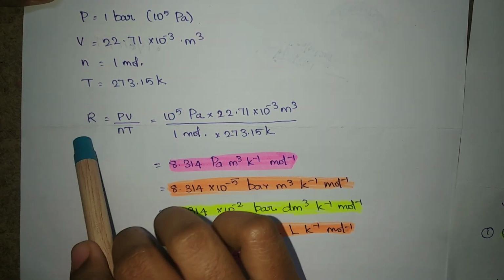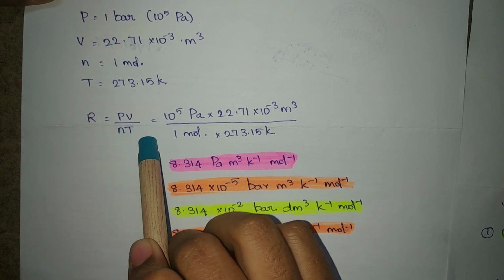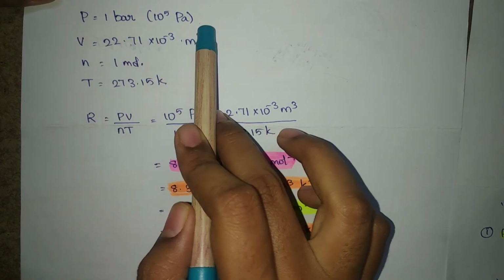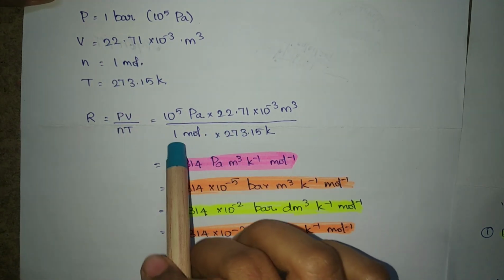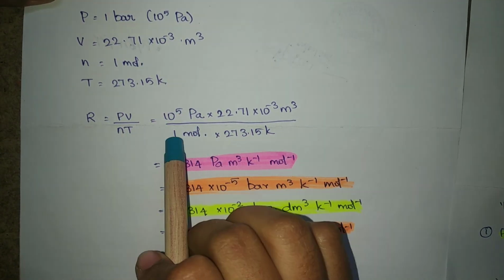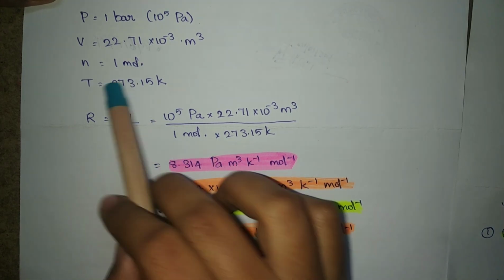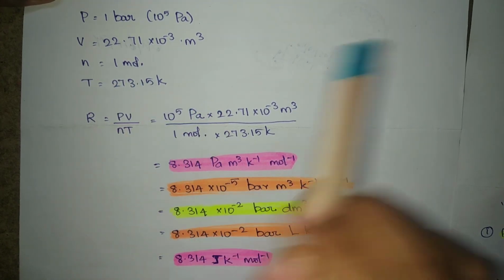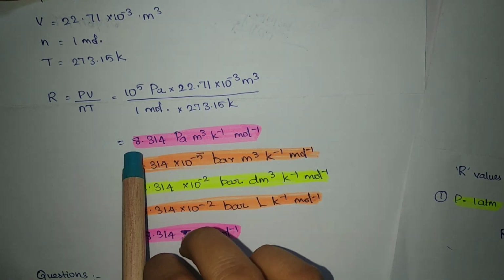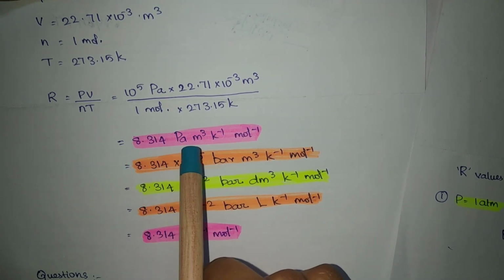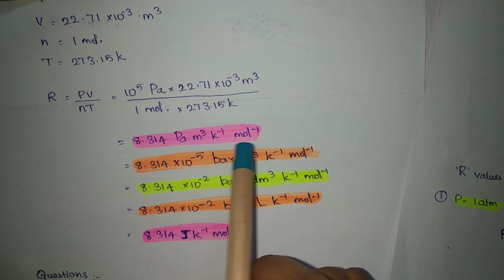Rearranging, R will be equal to PV by nT. Pressure is 10 power 5 pascal, volume is 22.71 into 10 to the power of minus 3, number of moles is 1 and temperature is 273.15 Kelvin. If we solve this, we will get 8.314 pascal meter cube Kelvin inverse mole inverse.